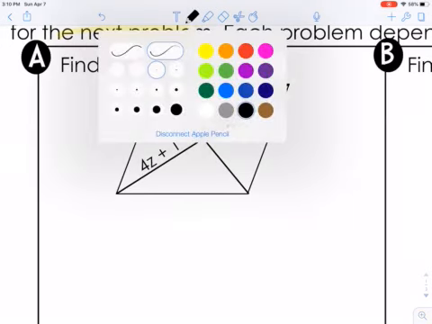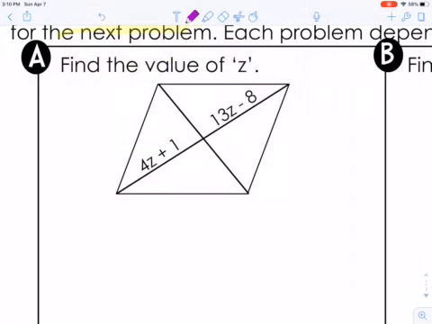Each problem you have a parallelogram. So let's mark our properties of the parallelogram. Opposite sides are parallel. So we're going to mark these opposite sides parallel. They're also congruent. So we're going to mark the opposite sides congruent. Those opposite angles are congruent. So we're going to mark those opposite angles congruent. And last but not least, the diagonals bisect each other.